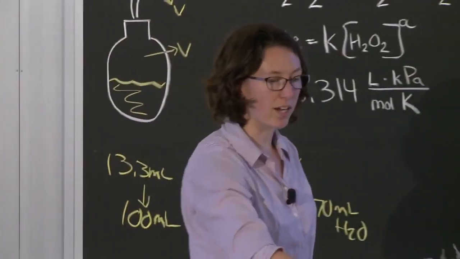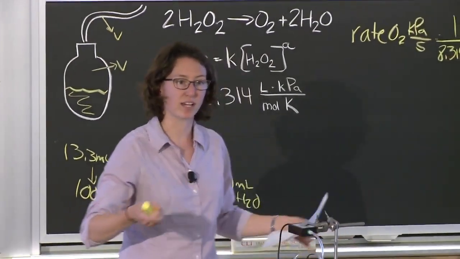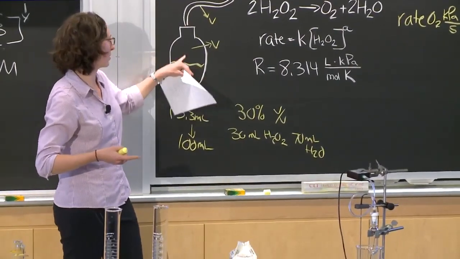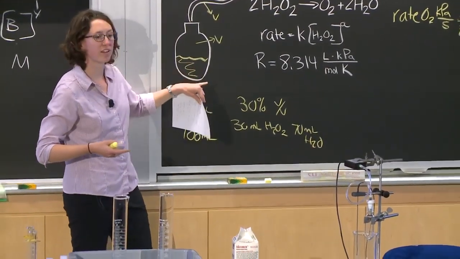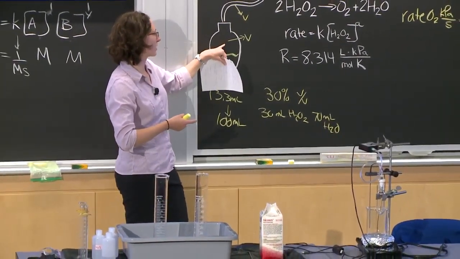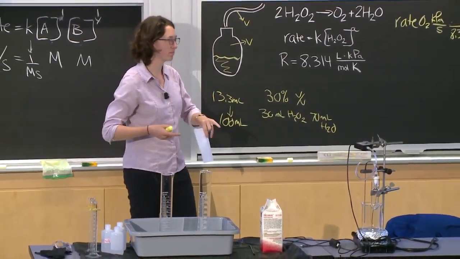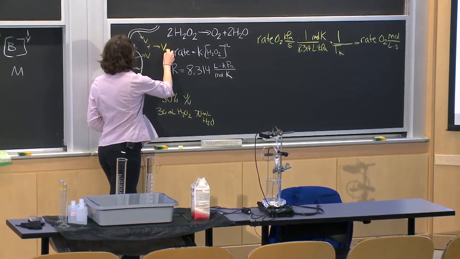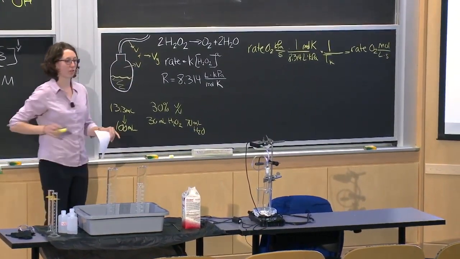You're going to fill this thing with water, weigh it, then weigh it empty, and then you can calculate by difference in the density of water what your volume of your whole tube is. And then you know your reaction volume is 25 milliliters, so you can subtract those and get the volume of the gas. So if we know these two together, you'll get the volume of the gas above your reaction.